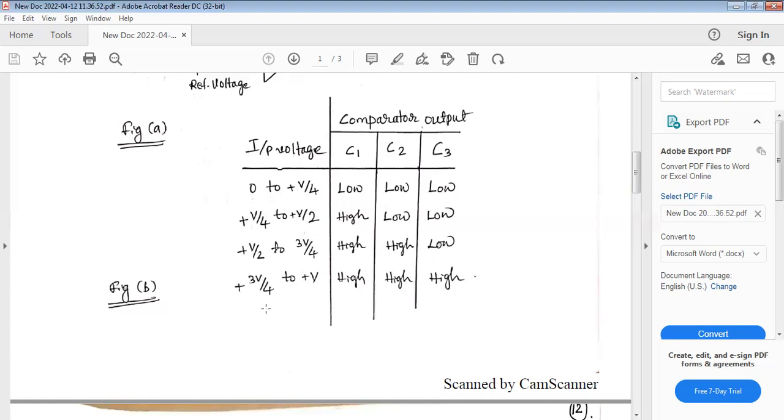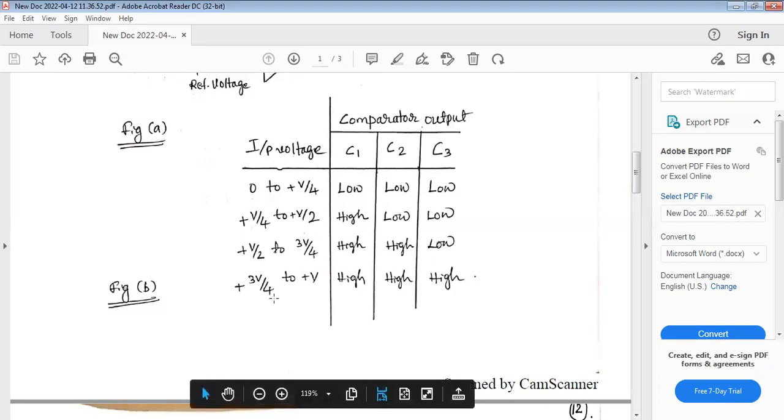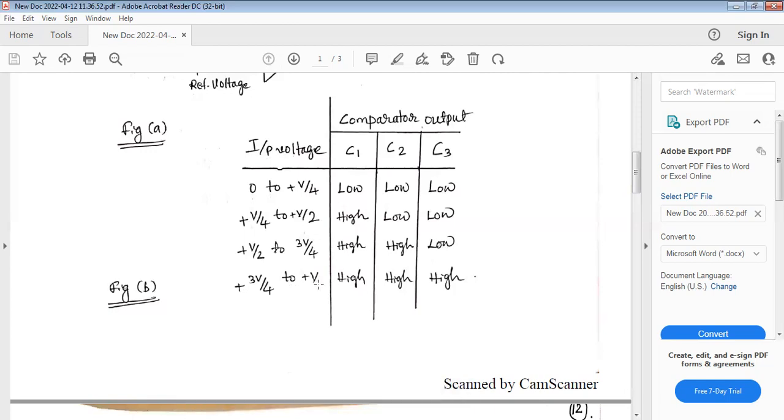So next, when the input voltage lies between plus 3V by 4 and plus V, this 3V by 4 is the reference voltage for comparator 3, which was off in the previous state. Now when the input voltage exceeds 3V by 4, it exceeds the reference voltage of C3 also, and therefore all the three comparators go high.